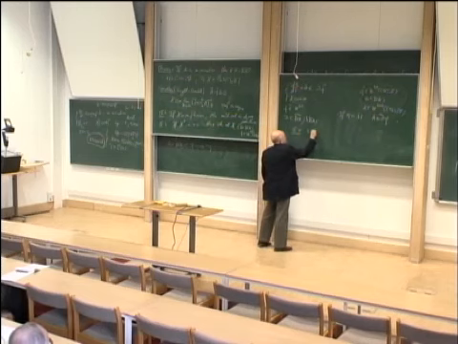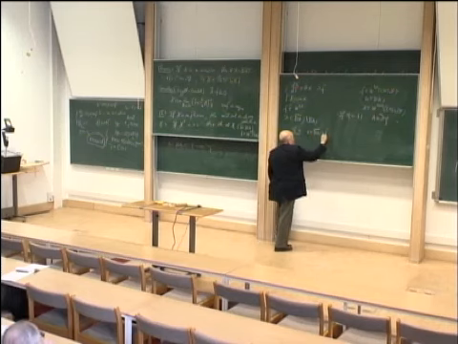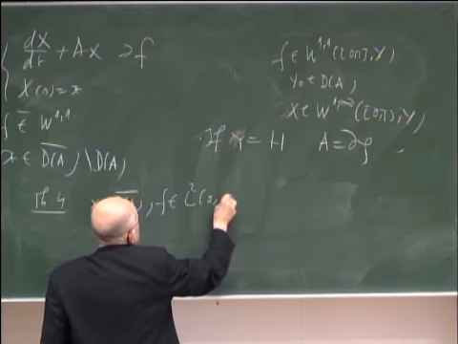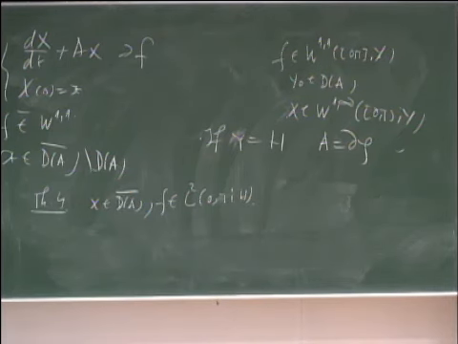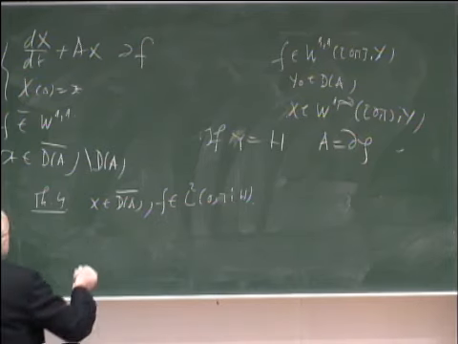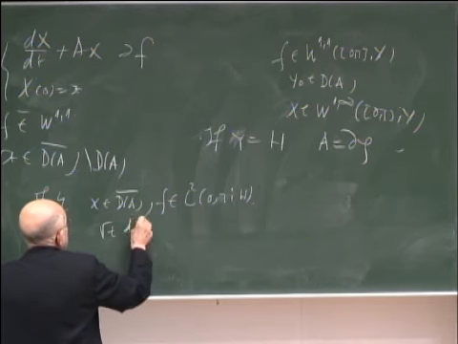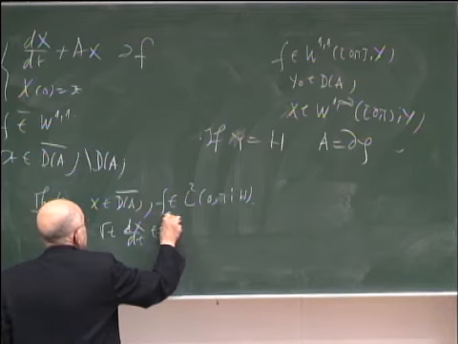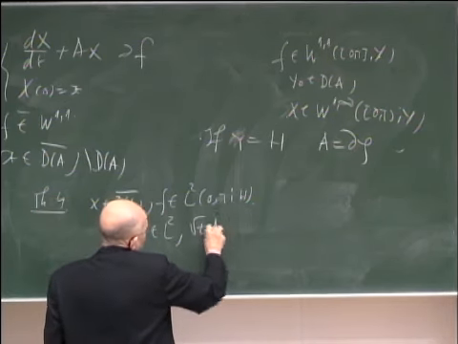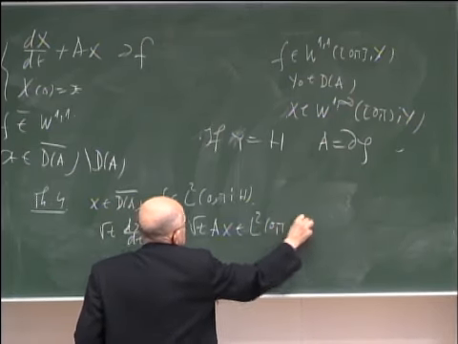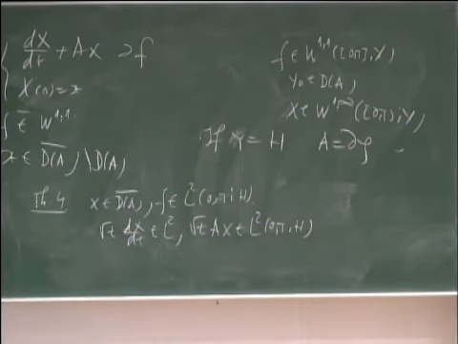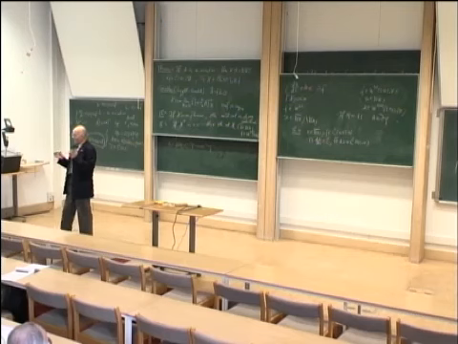If x is in the closure of D(A), and f is in L2(0,T;H), not the most general, then the mild solution is a strong solution, and we have that sqrt(t) dx/dt is in L2, and sqrt(t) Ax belongs to L2(0,T;H). This means that you have good regularity in this subpotential case.